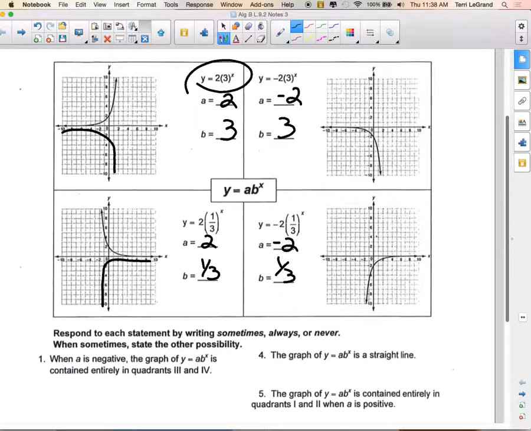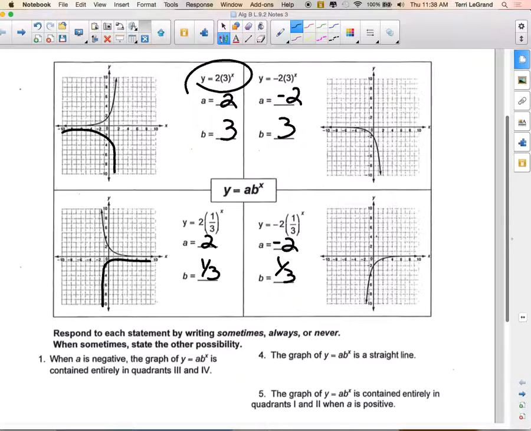Both start the same spot. Maybe the thing we should recognize the most right now is that with the A values, one being positive and the other negative, we have that reflection over the x-axis.